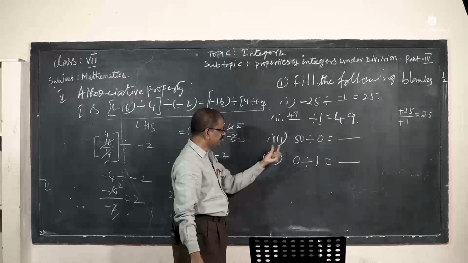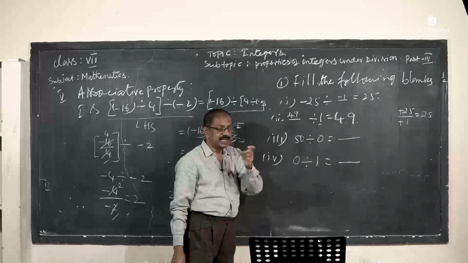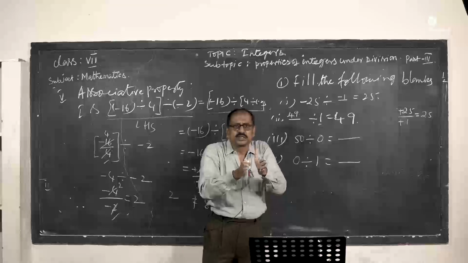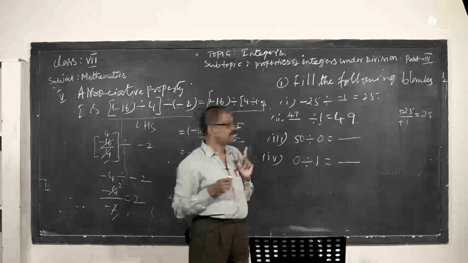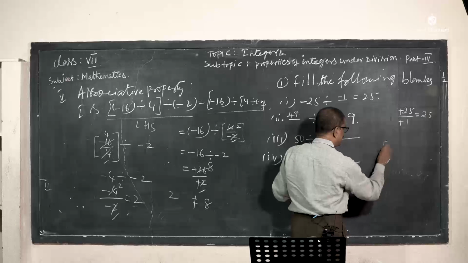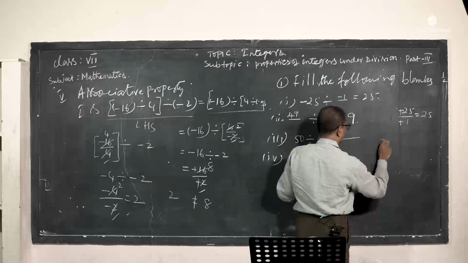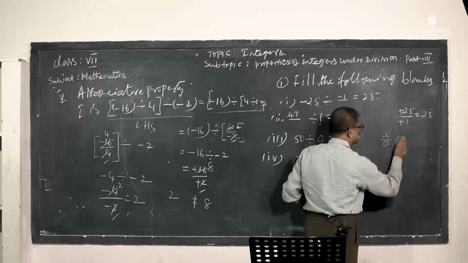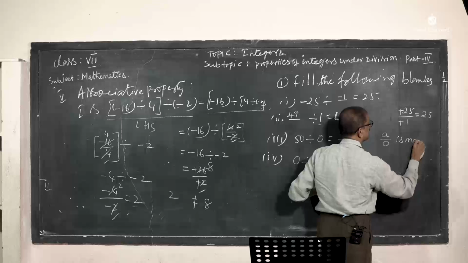The next is that we learned any number, if I divide by a 0, the result is meaningless. So if I apply that property here, we get a by 0, and a by 0 is meaningless.